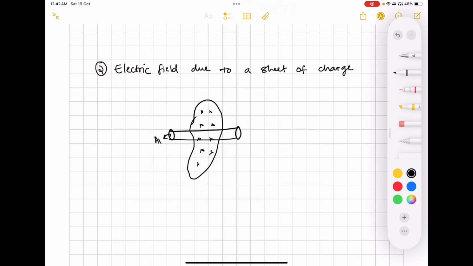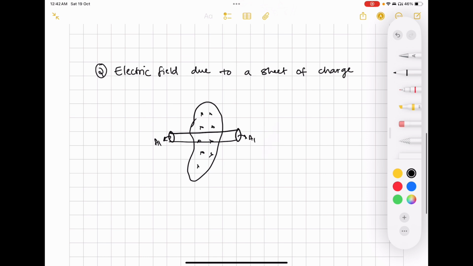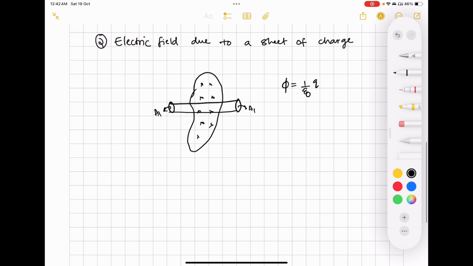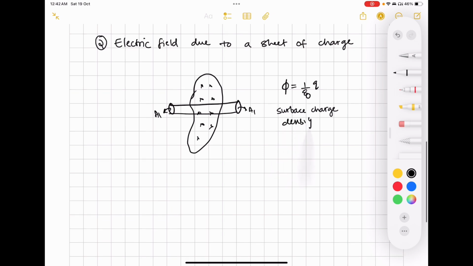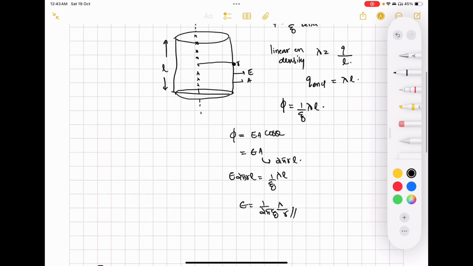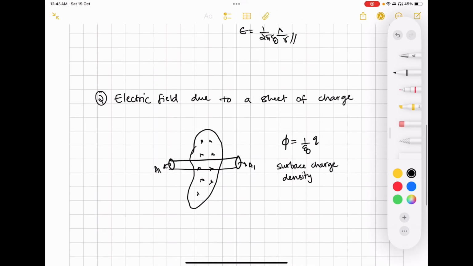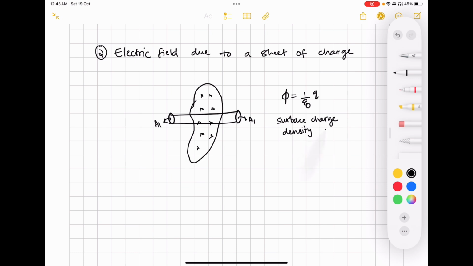This area is A1, this area is also A1, and the flux is passing through these two areas. So according to Gauss law, we have phi is equal to 1 by epsilon 0 q enclosed. Since it is a sheet of charge, we have introduced a new quantity called surface charge density, similar to linear charge density in a line of charge.